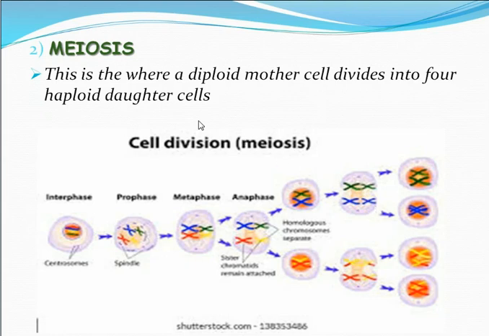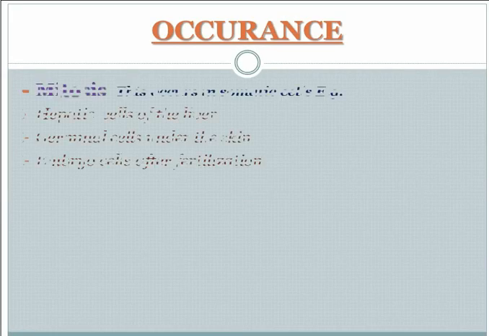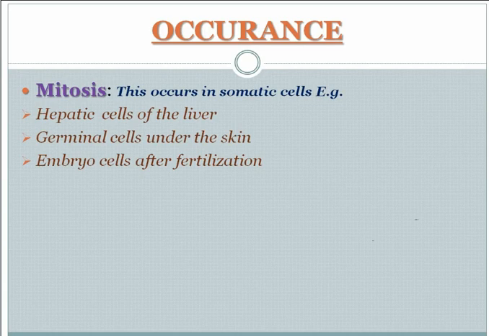So we say that this is where a diploid mother cell divides into 4 haploid daughter cells. The type is called meiosis.